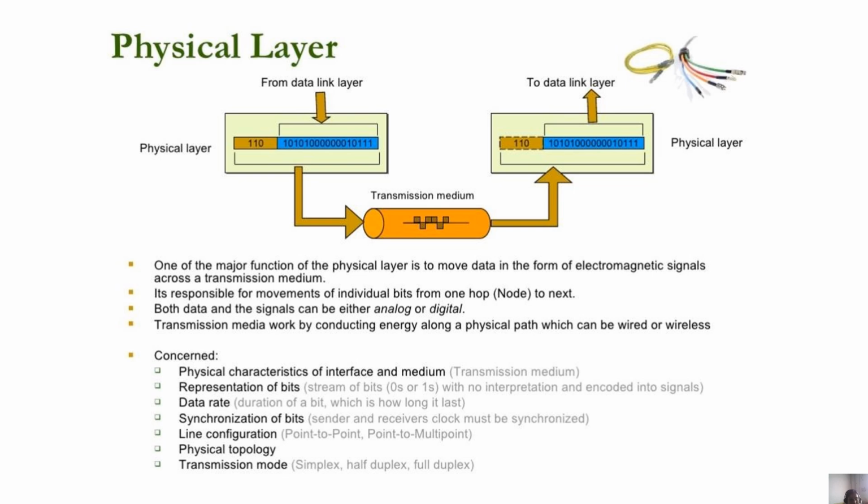It is responsible for movement of individual bits from one node to another node, and both data and the signal can be either an analog signal or a digital signal. The transmission media work by conducting the energy along a physical path, which can be a wired medium or a wireless medium.